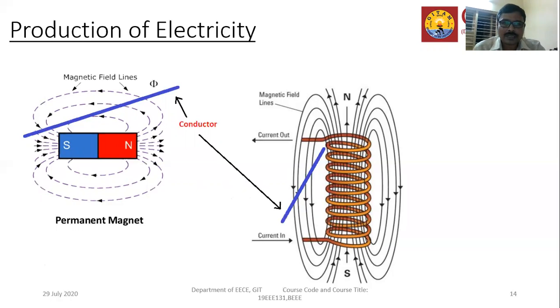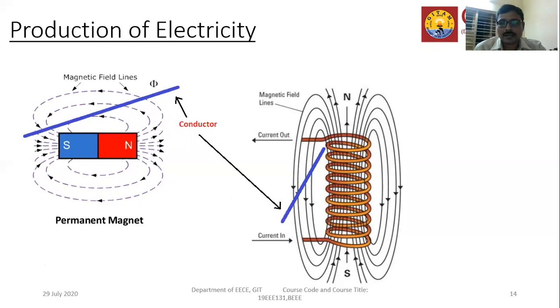Here, one important thing is that when you move the conductor and keep the magnet stationary, the corresponding induced EMF is called dynamically induced EMF, because it is induced in a moving conductor.